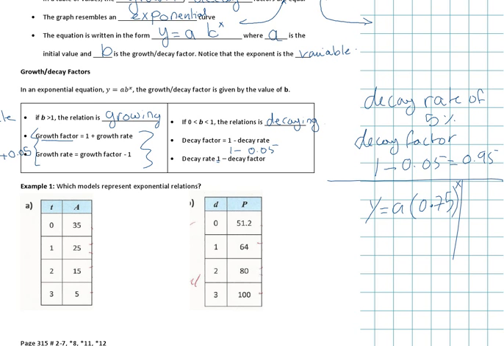Which is what? Which is 0.25, which is 25%. Right? So, depending on what they give you, find the other one, okay? And make sure you read your question properly because it's only a matter of reading it wrong, and then you're going to get the wrong answer.